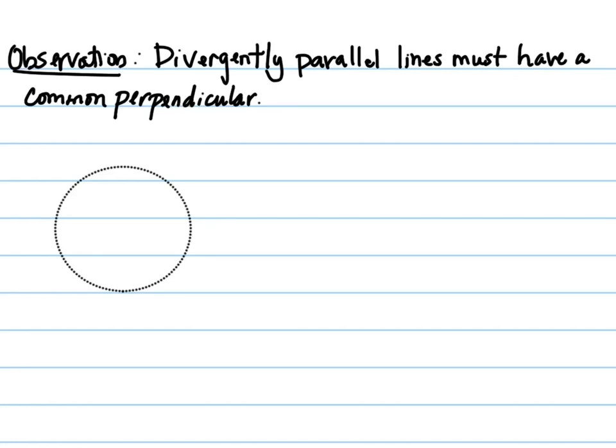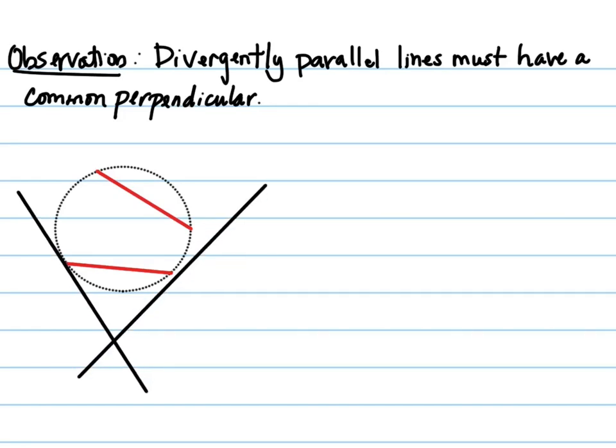So if I take the two chords that I would have, we'll go with this one and this one. These would be considered divergently parallel from what we did last time. And we were to create the tangent lines. Okay, so those are the two tangent lines to the bottom chord.